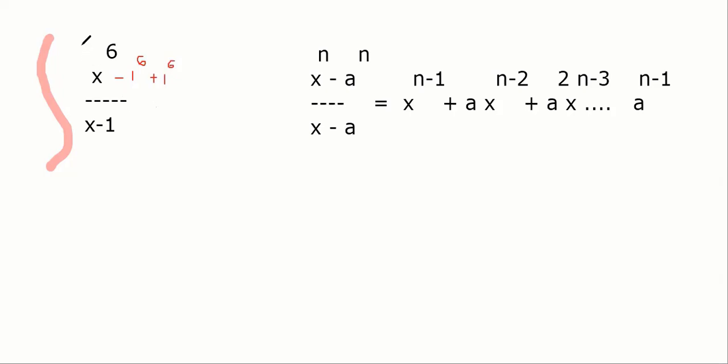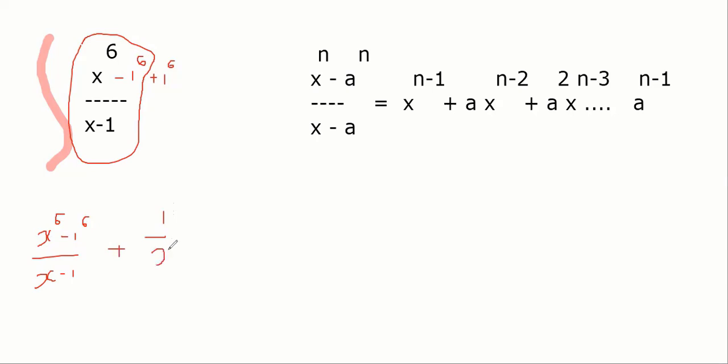You take this form separately, and the question becomes x to power 6 minus 1 to the power 6 by x minus 1, which will expand in a very simple form, plus 1 over x minus 1. Integration of 1 over x minus 1 everybody knows. So the headache is gone. The only problem is this one, where you apply this.